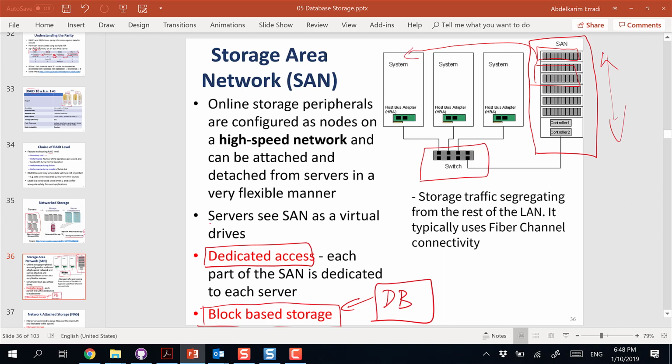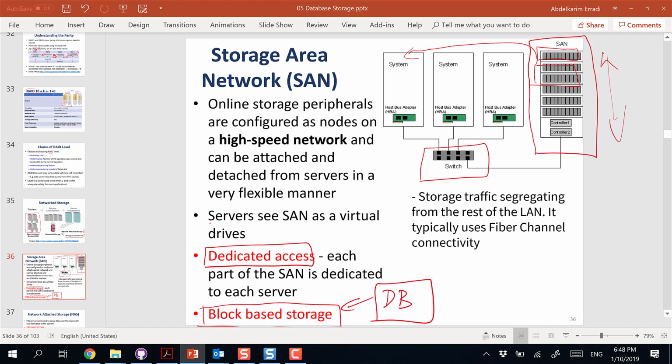To summarize, the SAN is a solution to consolidate storage. Instead of having every server with its own storage, you consolidate it in one solution, and then you allocate storage to each of the servers. Of course, the SAN box is typically special hardware with a special operating system.